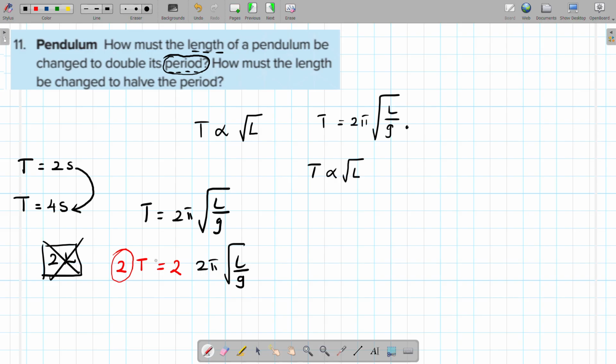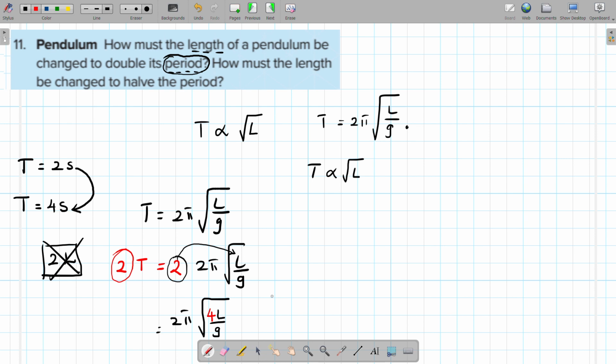Now this 2 is taken inside the square root. So it will be like this: 2 pi square root of, when you take the 2 inside, it becomes 2 squared, that is 4, 4L by G. Now what happens?